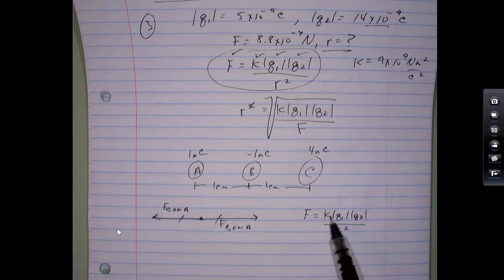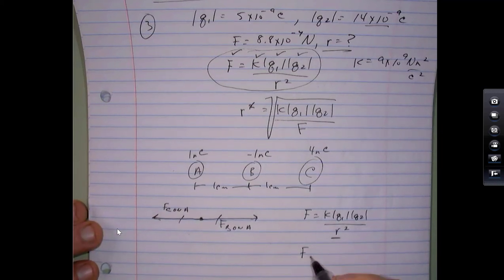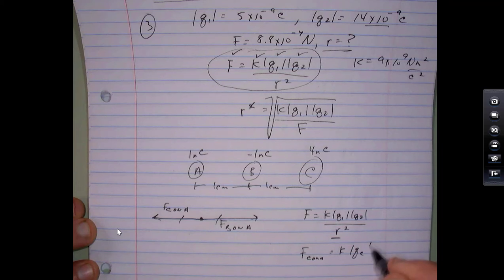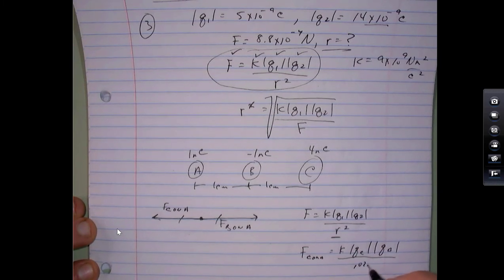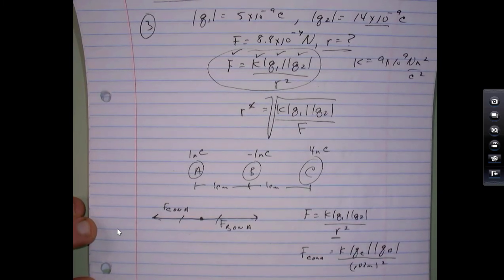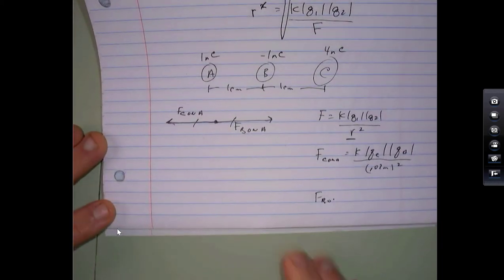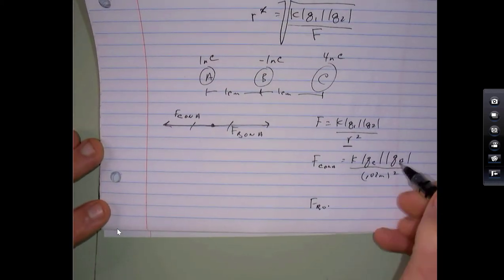Put them in. Okay. Force from C on A would be K Q_C Q_A over the distance between C and A, 0.02 meters squared. And you can see the direction of this one, it's to the left. The force of B on A, sorry, I don't think you saw this part.